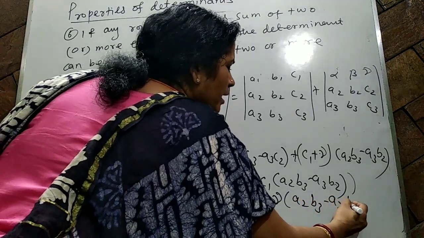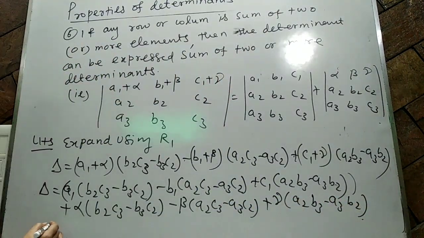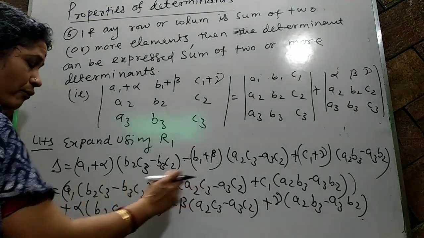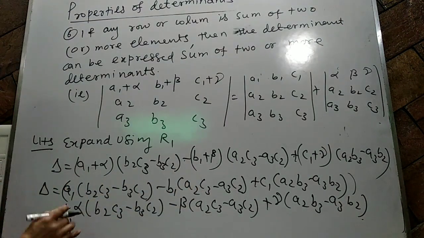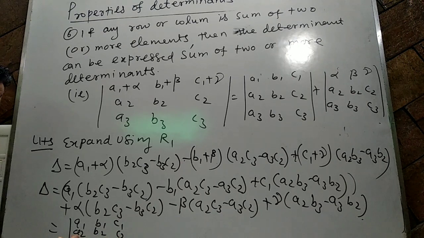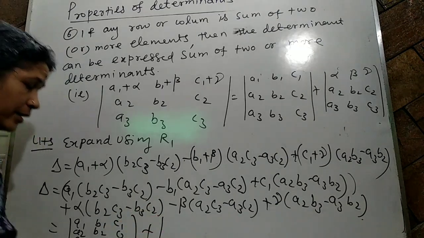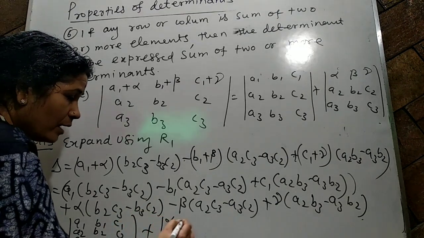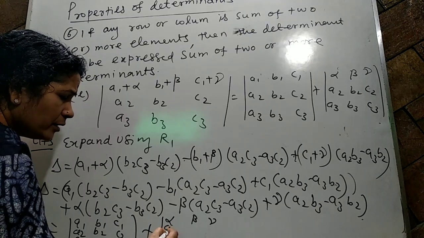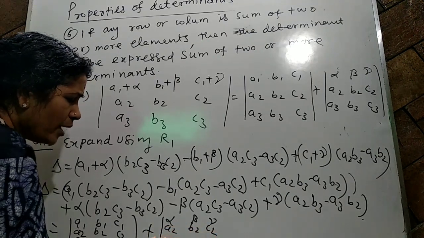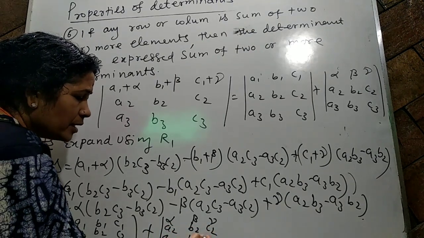Now if I write the first part in determinant form, I will get A1, B1, C1, then A2, B2, C2, then A3, B3, C3. And then plus, what about the second part? If I write it in determinant form, that is alpha, beta, gamma, then A2, B2, C2, and then A3, B3, C3.